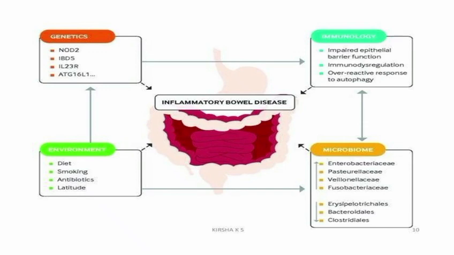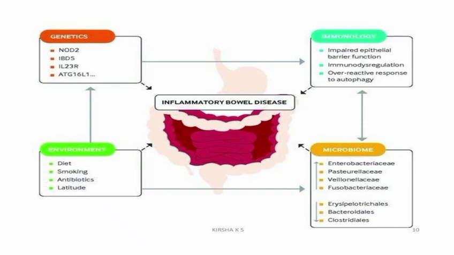Overreactive response means when foreign particles enter the body, the immune cells attack the foreign particles along with the good cells. The next one is environment, like diet, smoking, antibiotics, and latitude, which may also be reasons for this inflammatory bowel disease.